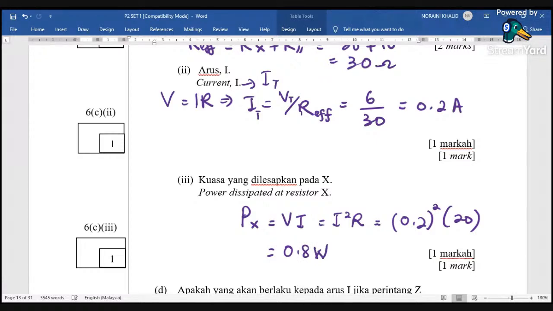The power dissipated by X is caused by the resistance of X. So P equals I squared R.